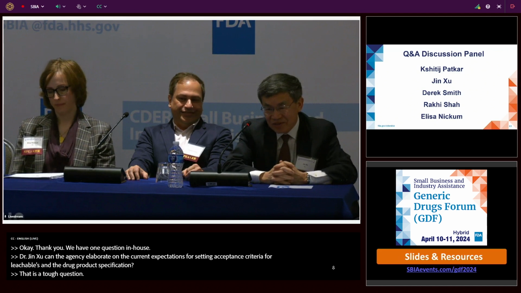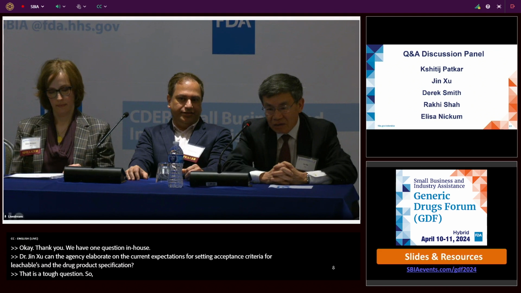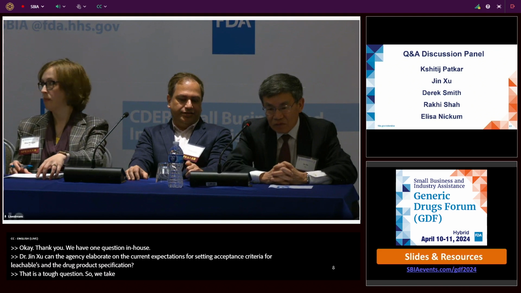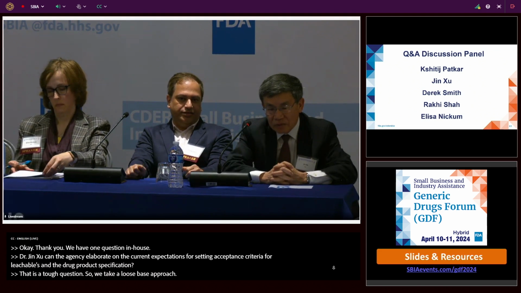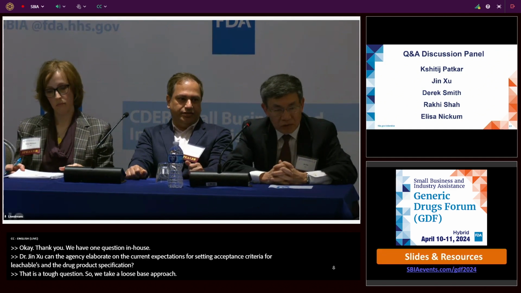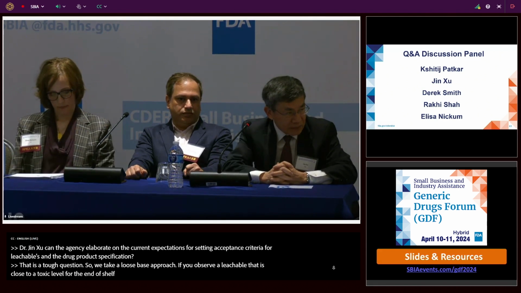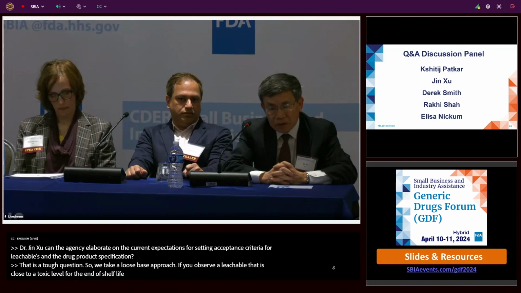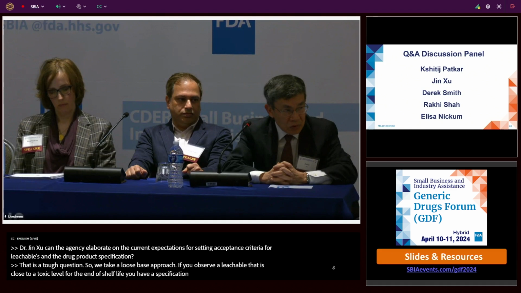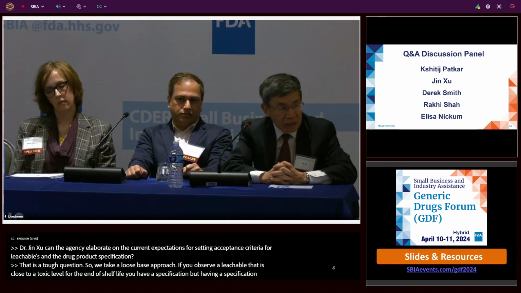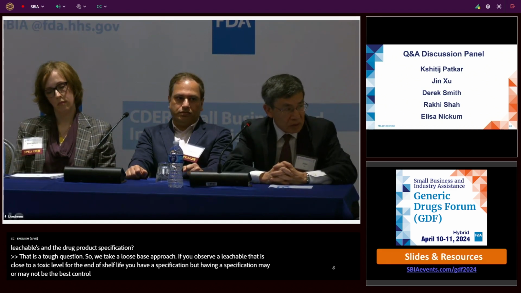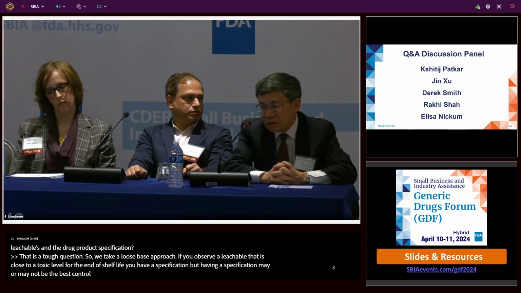So we take a risk-based approach, okay? If you observe a leachable that is close to a tox level towards the end of shelf life, you may want to have it in the specification. But having it in a specification may or may not be the best control strategy, because at the beginning of the batch, you don't see leachable because it takes time for the leachable to come out from the CCS.